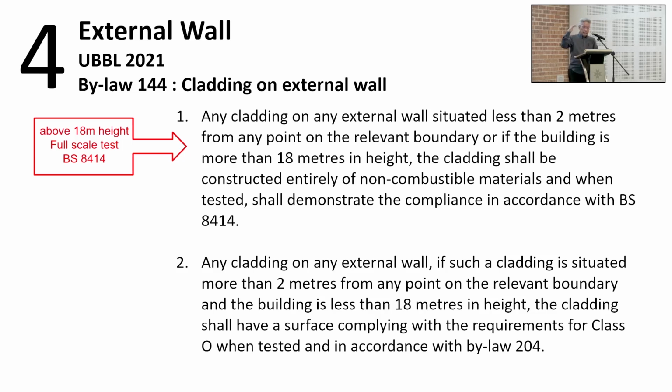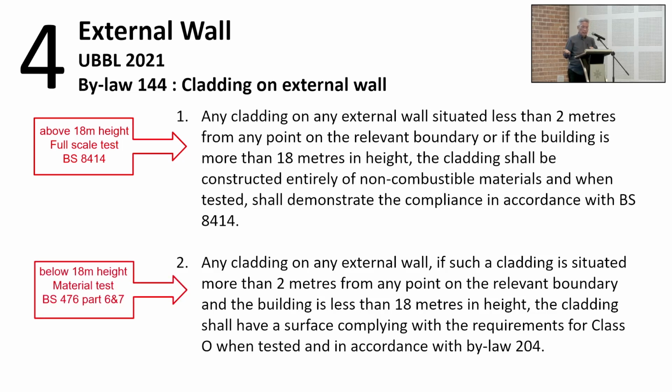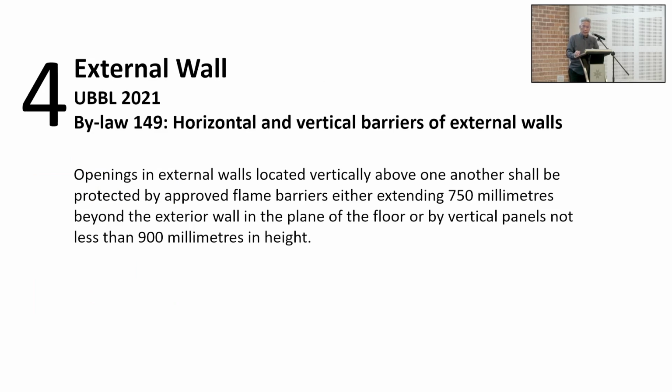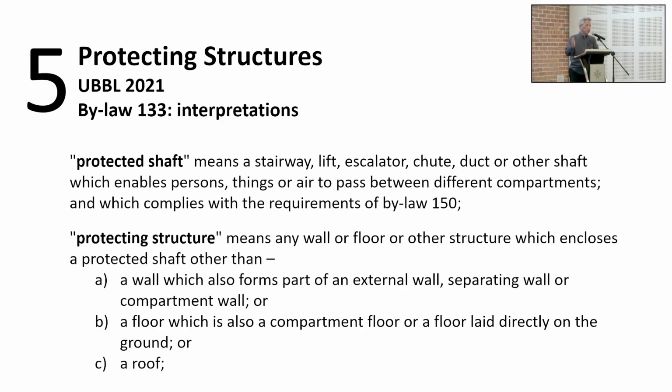Generally, if the building external wall is no higher than 18 meters, you will need a Class O specification on the wall surface, or anything that you intend to tag onto the wall shall be Class O. But if it's above 18 meters, then you will have to go for full-scale testing of the system on BS 8414. Okay, this is quite simple. And of course, there are also horizontal and vertical flame barriers between the floors.